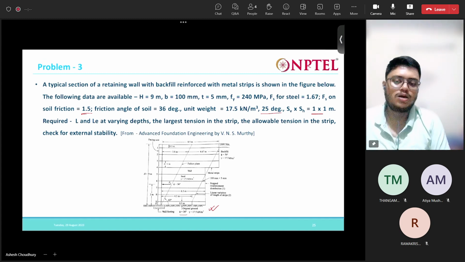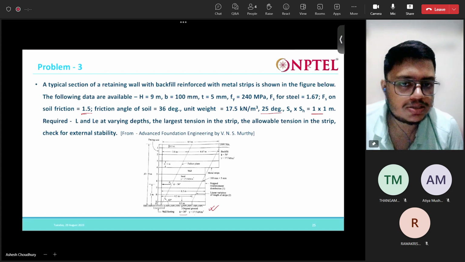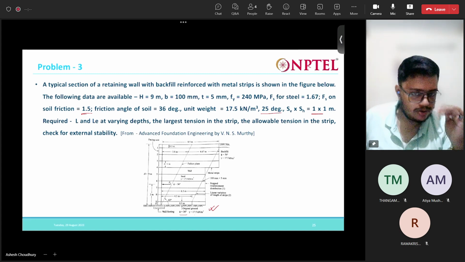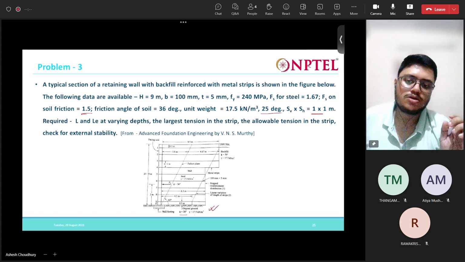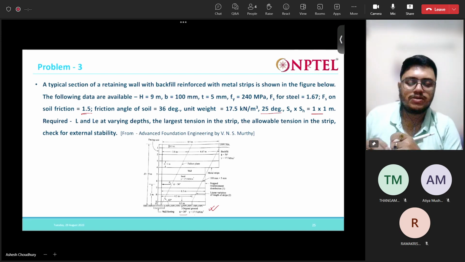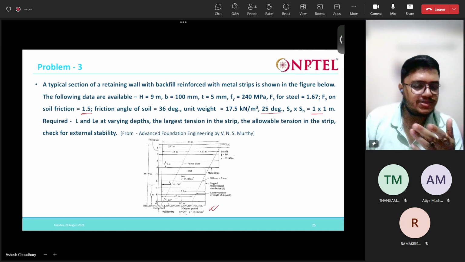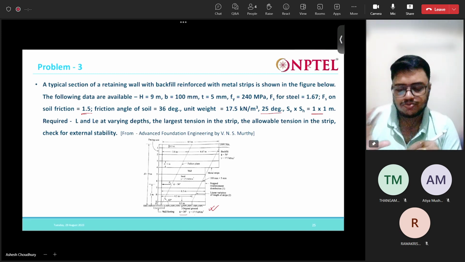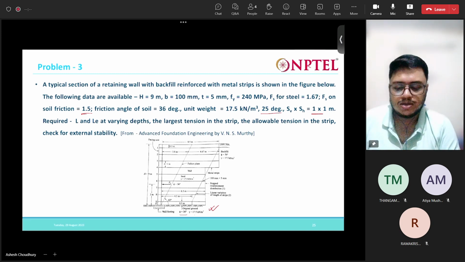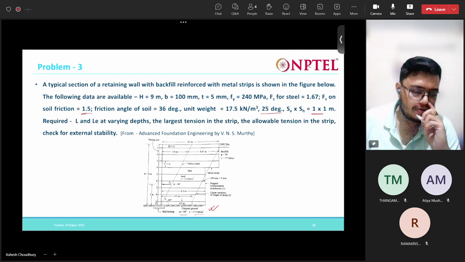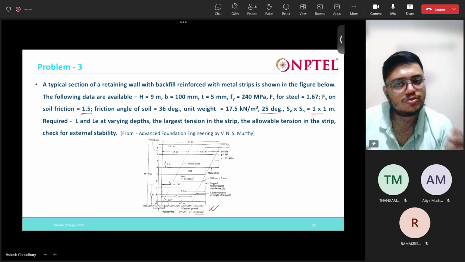You can calculate the vertical loads and then solve. If you remember the first problem we solved, the vertical load calculation was very simplified, but the solution done in the class was a little bit different, right? So you all solve using that method only.